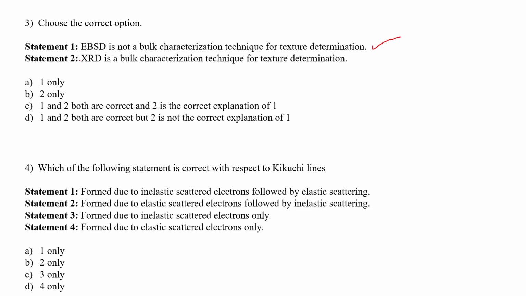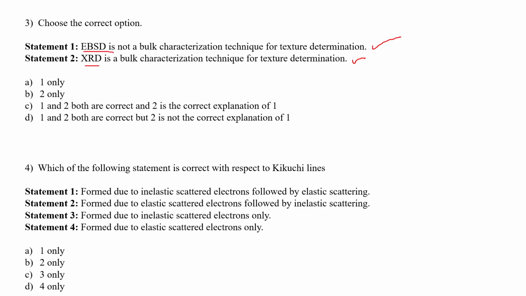And statement 2 says that the XRD is a bulk characterization technique for the texture determination. This statement is also correct, because for the bulk sample information we use XRD, and the EBSD is used for the surface things only.